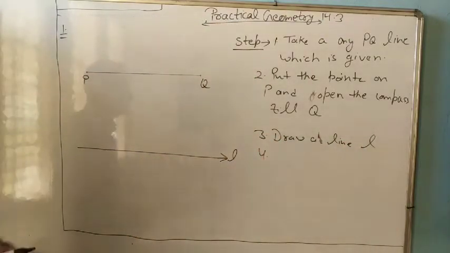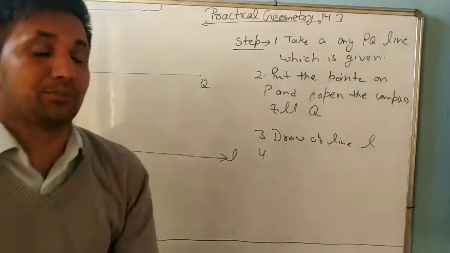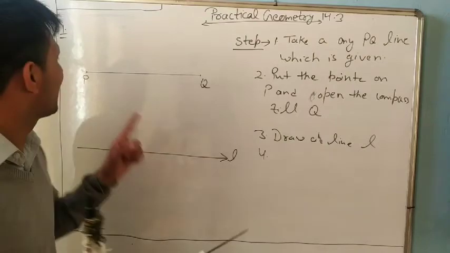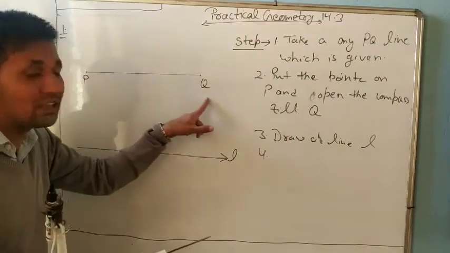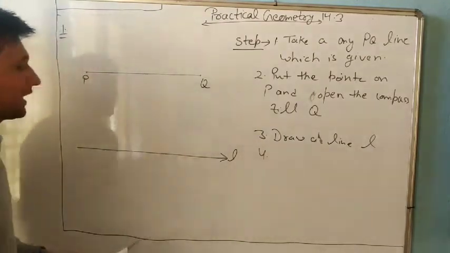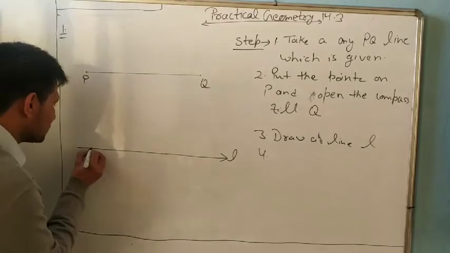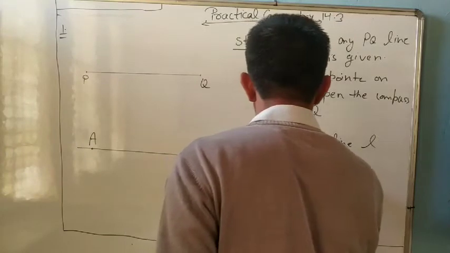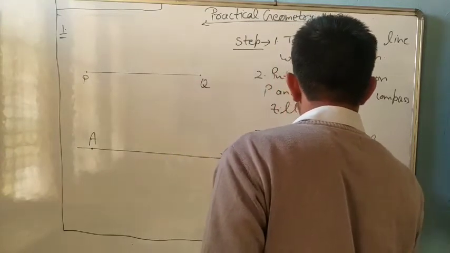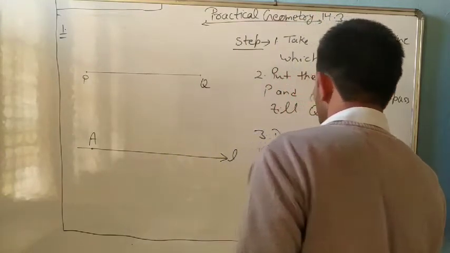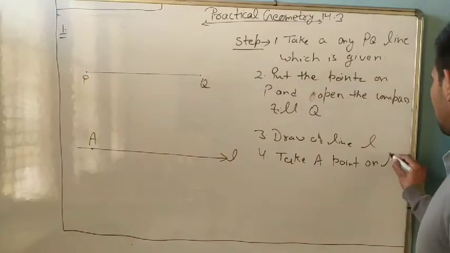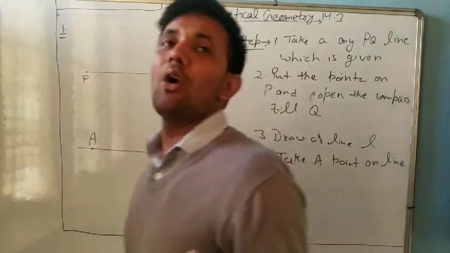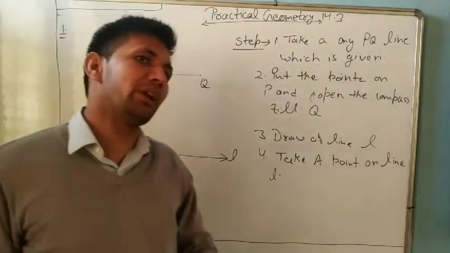Fourth step. After that what we will do? We want to make a line which is a copy of PQ. It means any line has one starting point and one ending point. The starting point we can take anywhere. Suppose we are taking a point A. So write: take a point on line L. Because everyone knows a line has one starting point and one ending point.